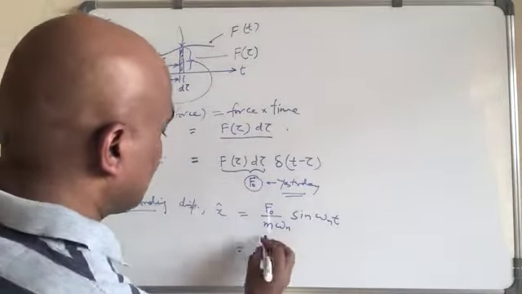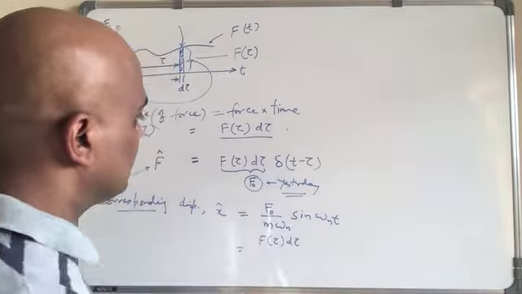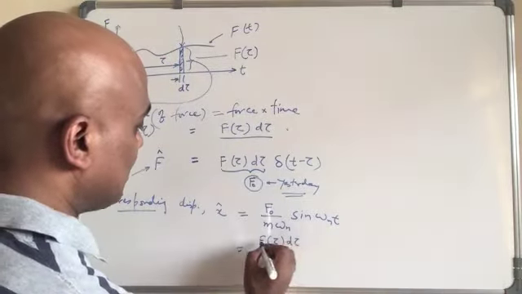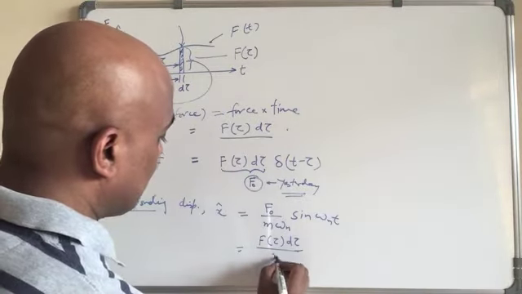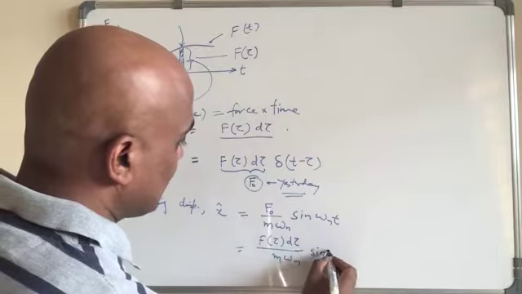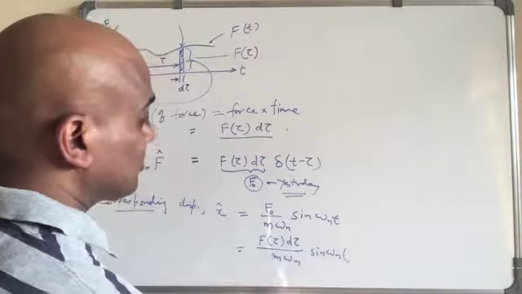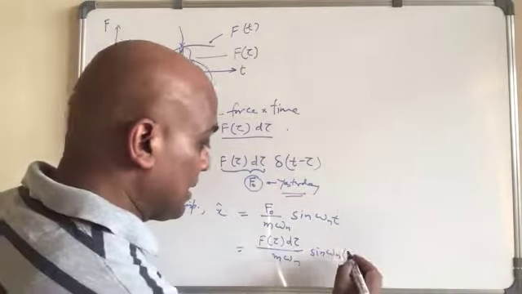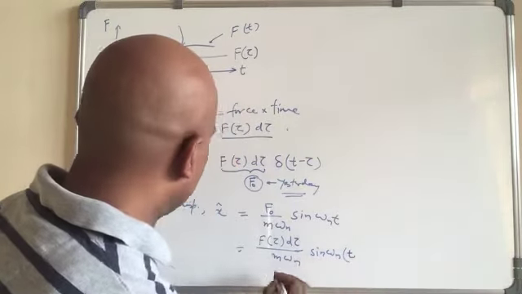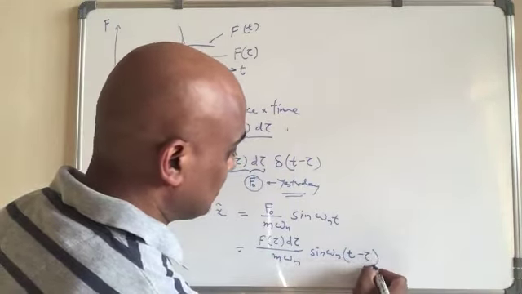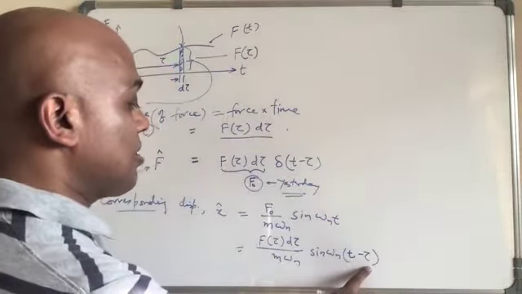What is F naught here? F naught here is F(tau) d tau. So x hat equals F(tau) d tau divided by m omega n, times sine omega n, for t minus tau. Why t minus tau?